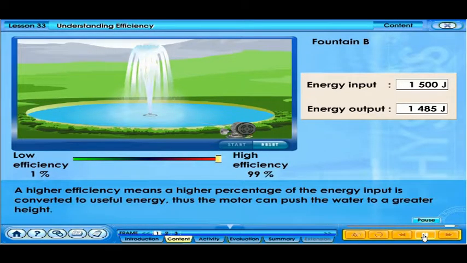A higher efficiency means a higher percentage of the energy input is converted to useful energy. Thus, the motor can push the water to a greater height.